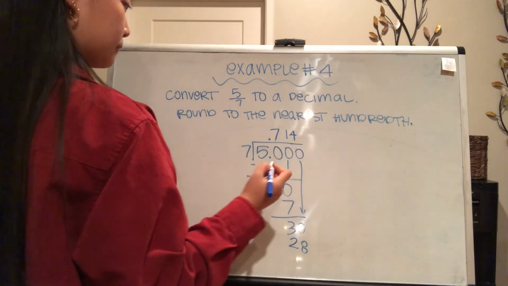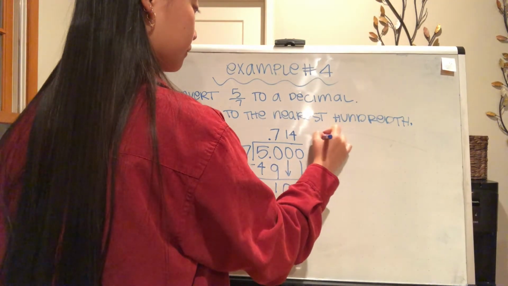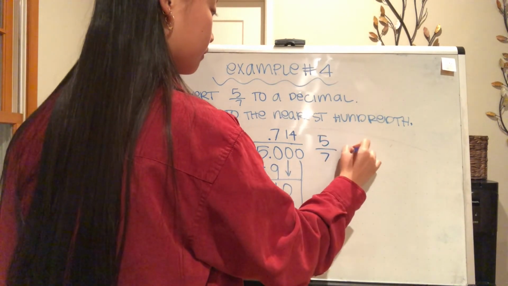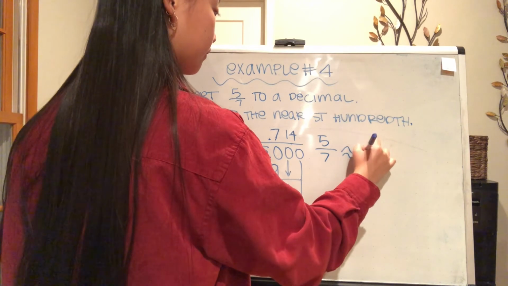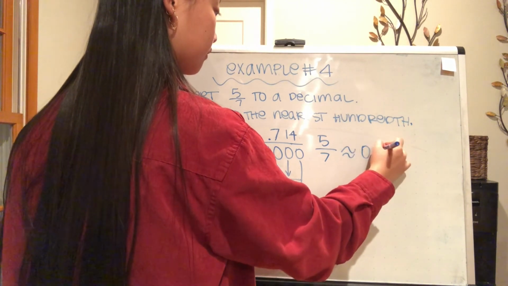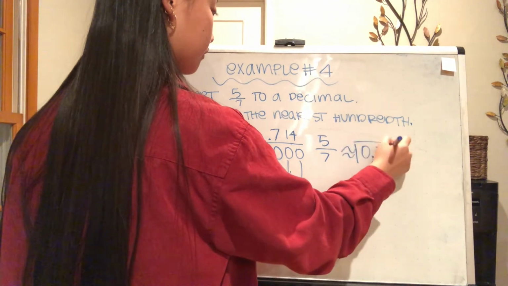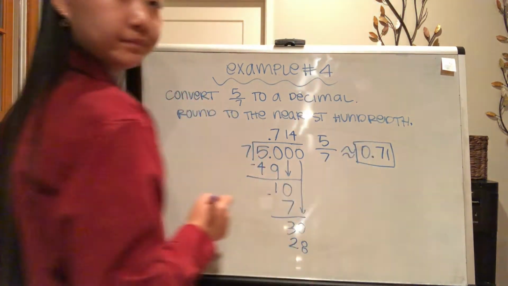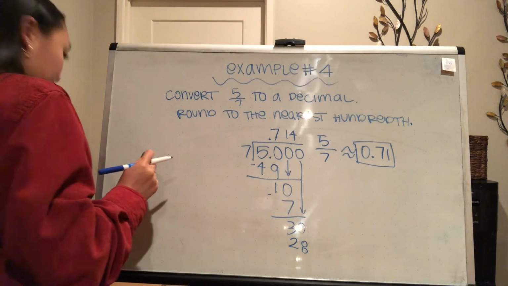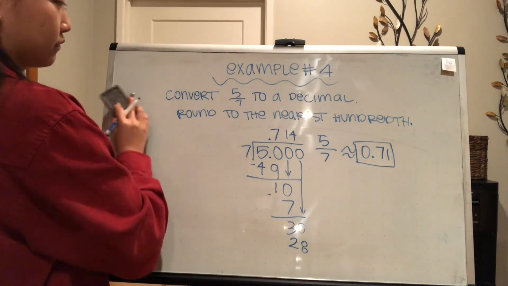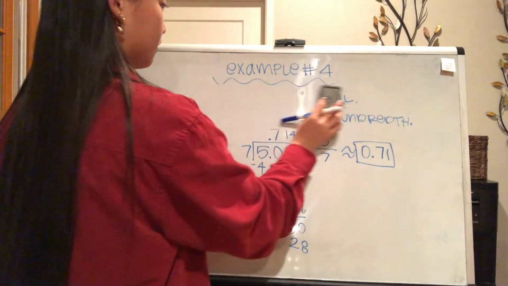And so, since you're rounding to the nearest hundredth, you're going to stop at 1, because that's 2 spaces after the decimal. And since 4 is under 5, the 1 is just going to stay a 1. So you get 5 over 7 is approximately 0.71.